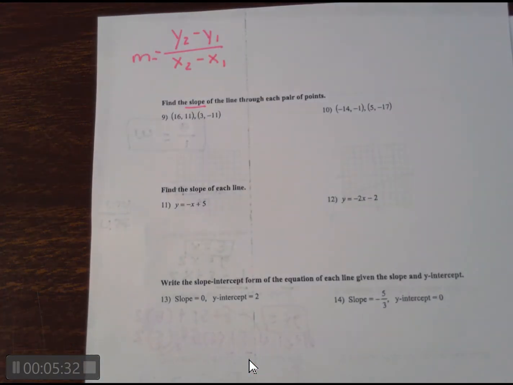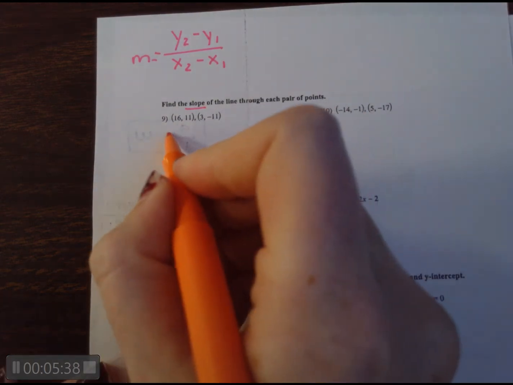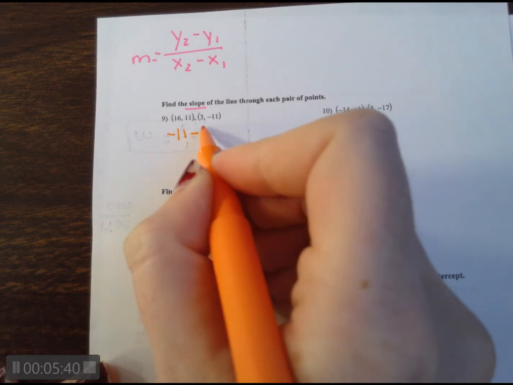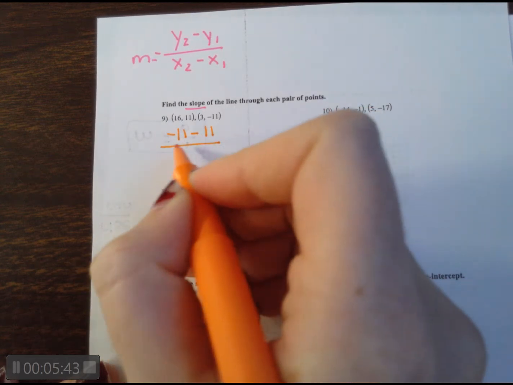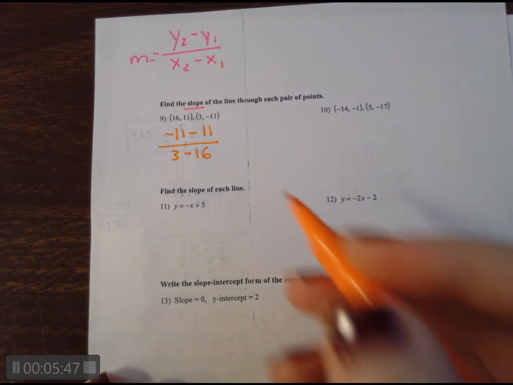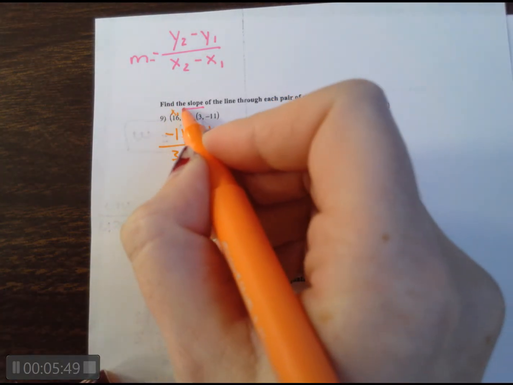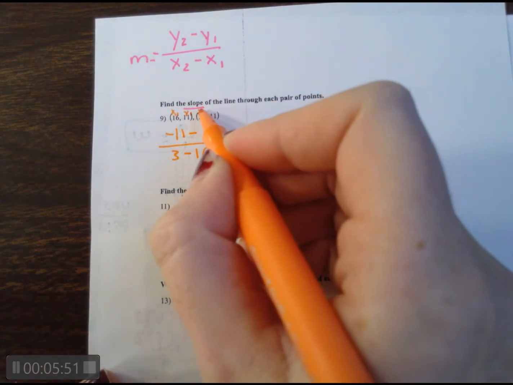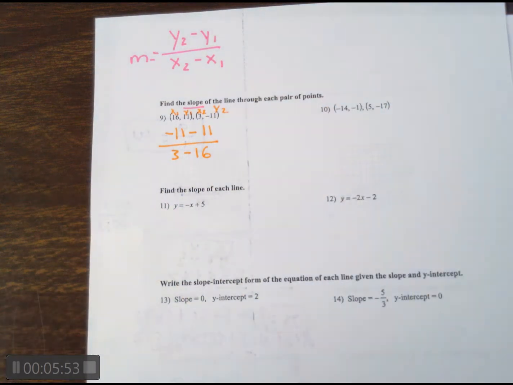When we do it from a pair of points, it's going to be negative 11 minus 11 over 3 minus 16, because this is my x1 and y1, x2 and y2, and that's where I got those numbers.